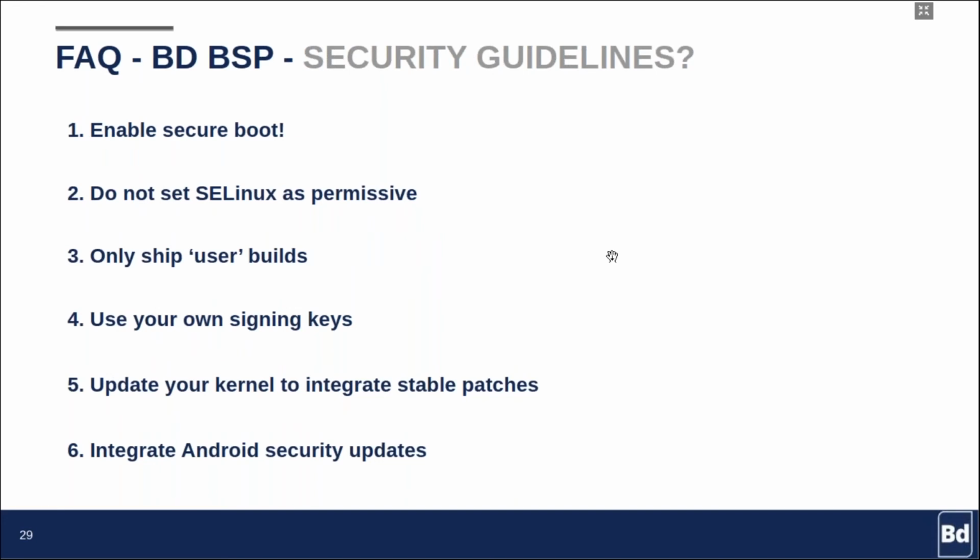And then we have a quick list of guidelines of things that people should do before shipping Android in their product. The first thing would be to enable secure boot, making sure that SE Linux is enforced, using the user build, using your own keys, and so on.